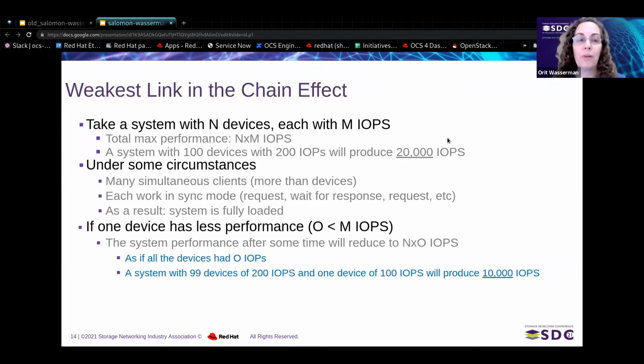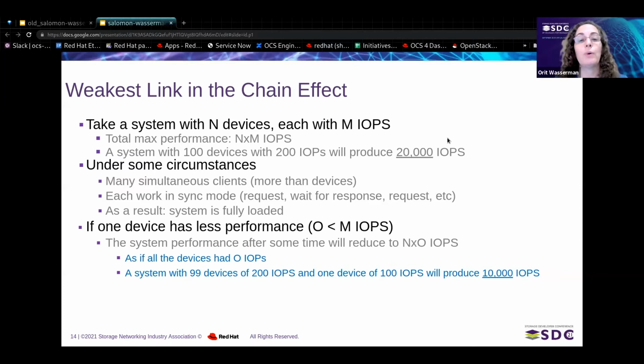And for performance, we care about the weakest link in the chain effect. If you take a system with 100 devices with 200 IOPS each, if you make sure you have enough clients and balance the workload and distribute it across all nodes and do everything correctly, you can get up to 20,000 IOPS, the max IOPS from all the devices.